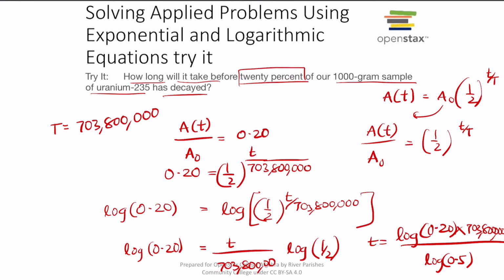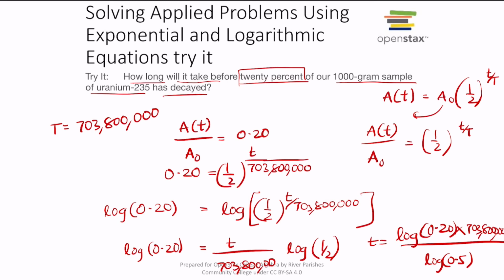So use a calculator. We have log of 0.2 times 703,800,000 years divided by log of 0.5.